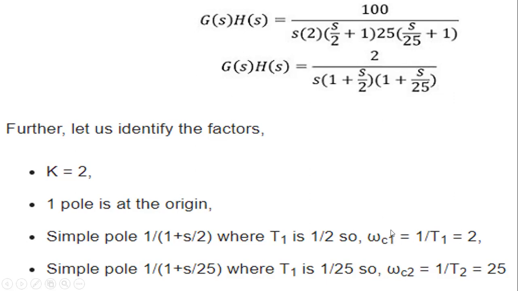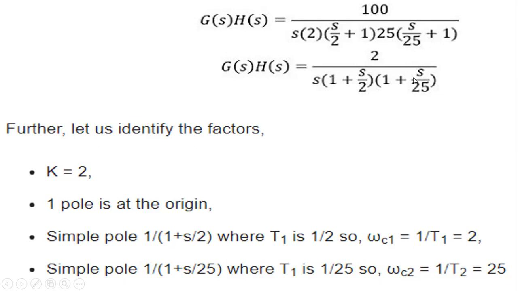So one corner frequency omega C1 will be at 2. Then the second pole, 1 by (1 plus s by 25), where T2 is 1 by 25, so omega C2 is equal to 1 by T2, which is 25. So the second corner frequency is 25. So we have one pole at the origin, one corner frequency at 2, and another corner frequency at 25.